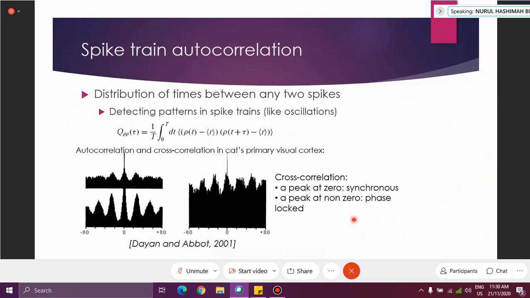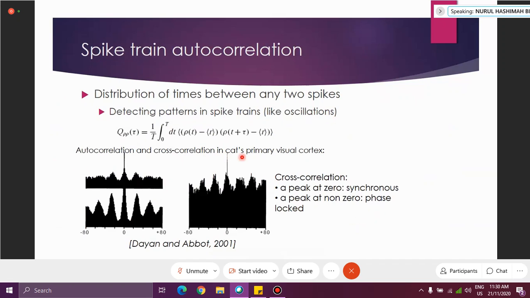And we can also do a spike train autocorrelation to understand the distribution of times between any two spikes. So you detect patterns in spike trains like oscillation. So you can see the autocorrelation here and cross correlation here.